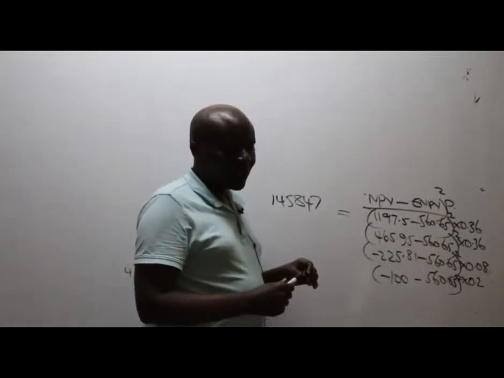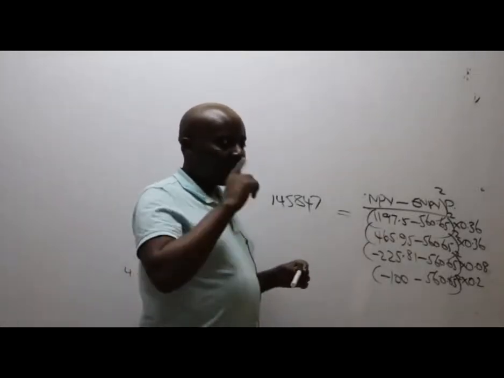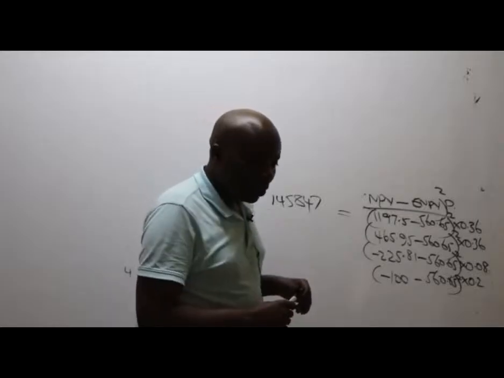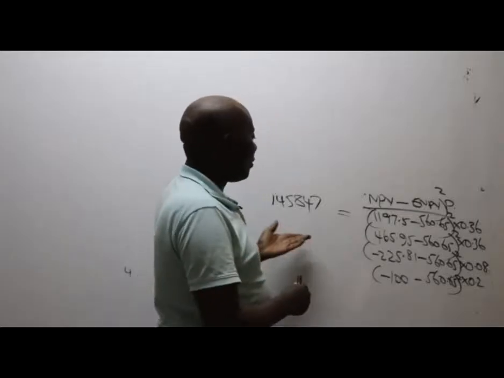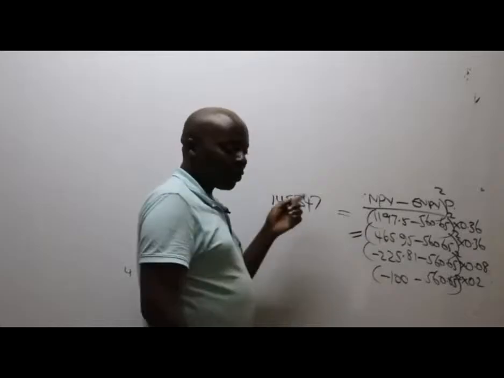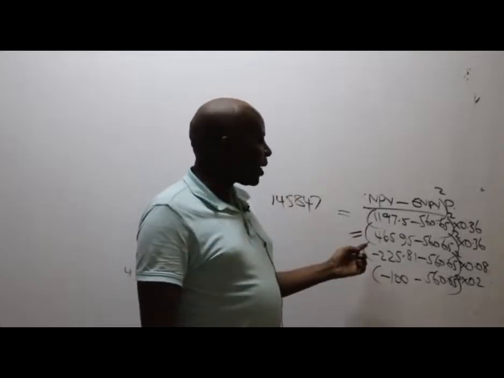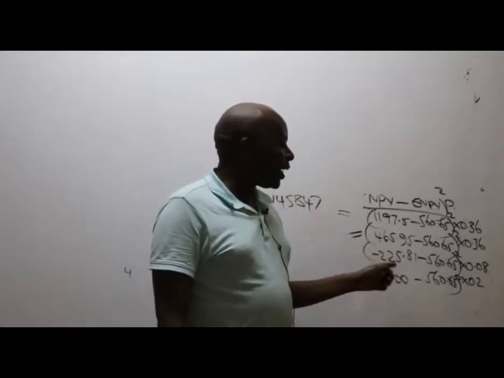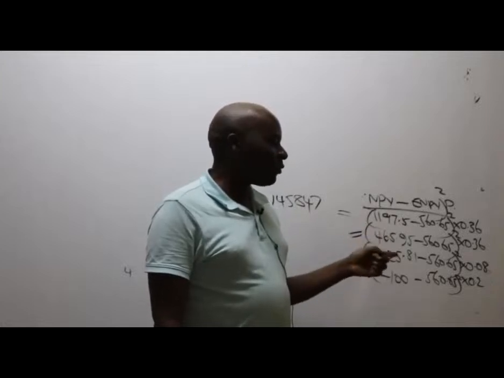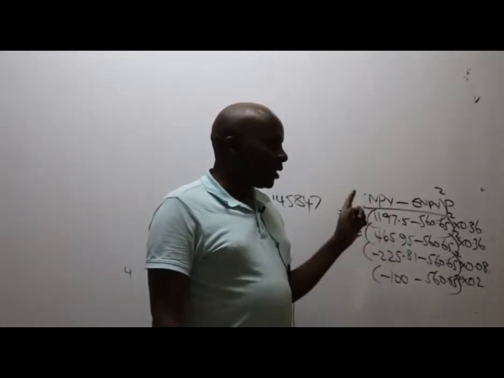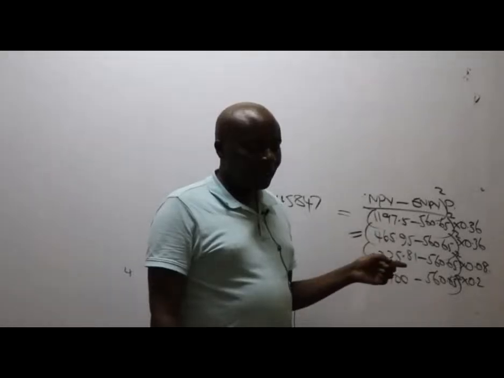Is that correct? Can somebody confirm? How about the second one? Please remember to square. You say open bracket 465.95 minus 560.65 squared times 0.36.